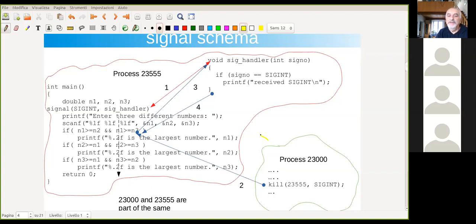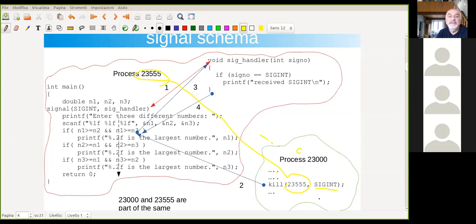This is the destination. And this is the name of the signal, the number of the signal. Signals, as we will see in a table, are numbers, and there is a general defined file in which you can use the symbolic name instead of the number, but they are integer numbers.